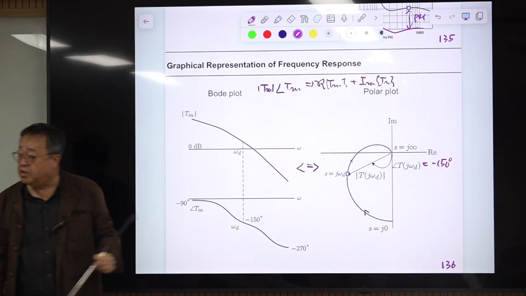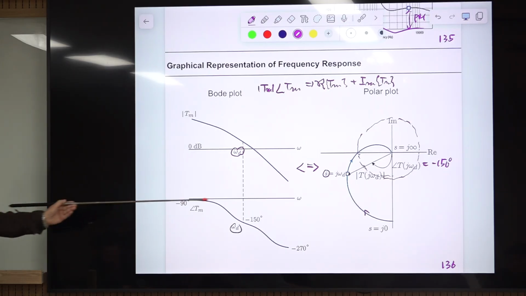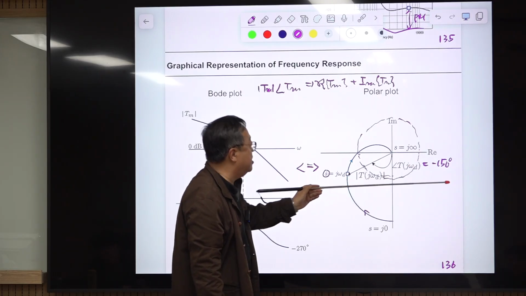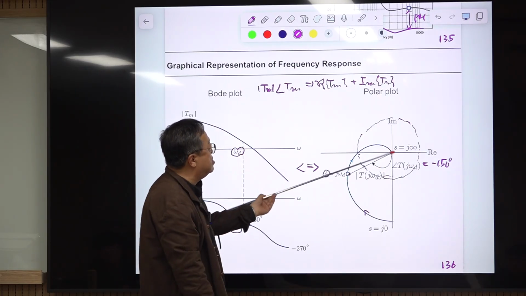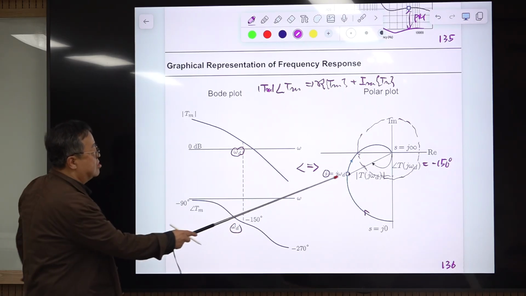This is 0 dB. So if you draw the unit circle, somewhere here, the radius of the unit circle is 1, okay. So maybe this is the omega d point, because the phase is minus 180 degrees, and the radius is larger than unity, so it's outside of the unit circle, so maybe this point, okay.